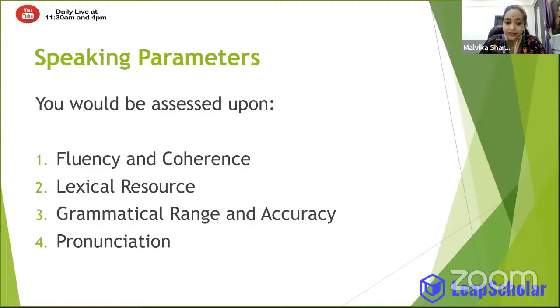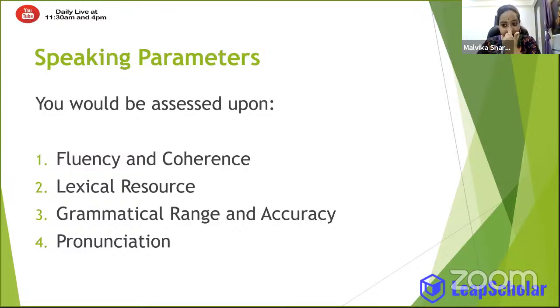Okay, so that is the reason I'm telling you here to keep these four things in mind, because these are four parameters you would be assessed upon for speaking. Okay, number one, as I said, fluency. Don't speak with all that stuttering and stammering and uhs and repetition. Be proficient. Speak, flow like a river. Be fluent, because that is what matters.